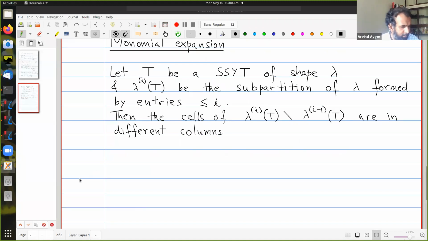Okay, so I need two more bits of notation.